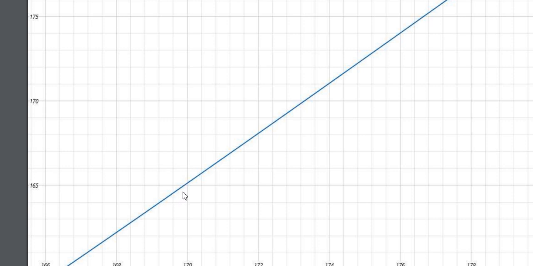So let's take a look. We'll start 165. And this point here, I would say, is, let's see, 2 divided by 5 pieces. So each one would be 2/5. So this is 4/5, 6/5, 8/5.